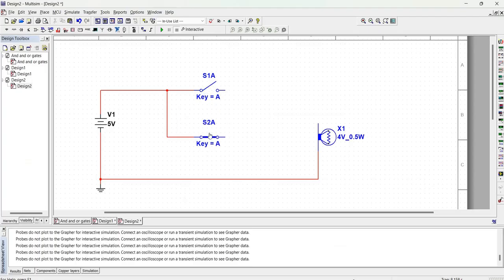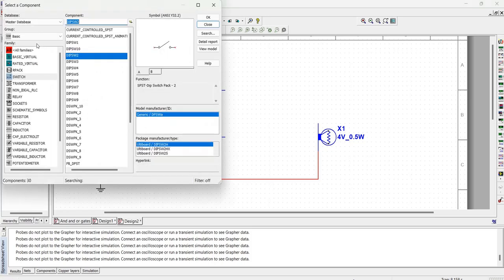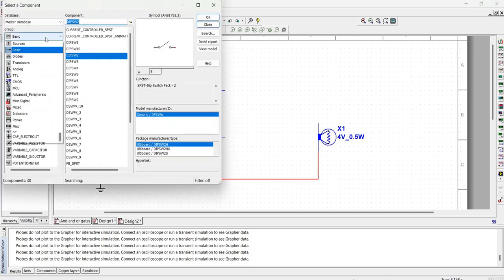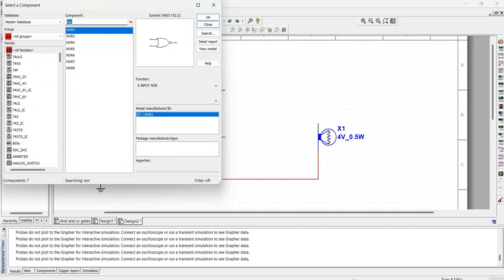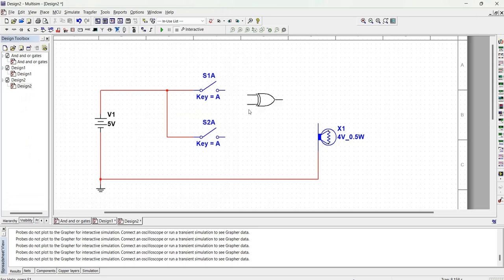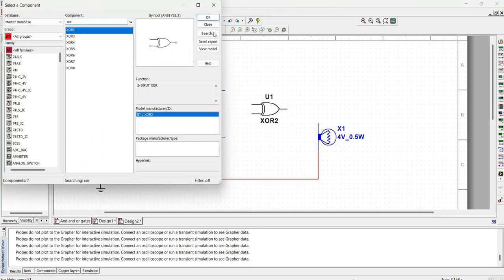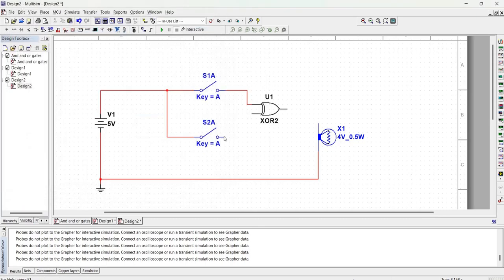We already have these components. Let's just go ahead and import our XOR gate. So let's look for the XOR gate. Let's take the XOR gate, or the exclusive OR gate, that accepts two inputs. Let's connect our system, first flush the past results, and then connect our output to the bulb, or the indicator.